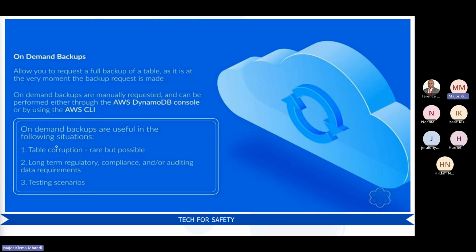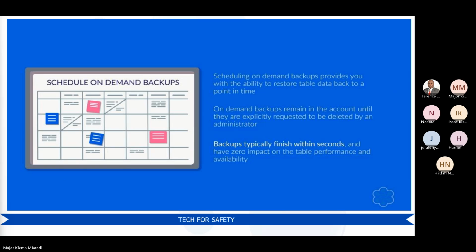On-demand backups are useful in the following cases: table corruption, rare but possible, long-term regulatory compliance and audit of data requirements, and testing scenarios. Scheduled backups provide you with the ability to restore table data back to a point in time.